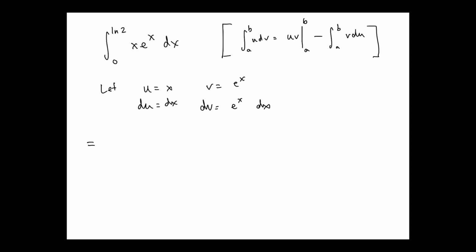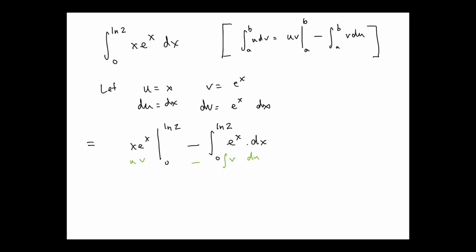So we'll have u and v from 0 to the natural log of 2, minus the integral from 0 to the natural log of 2 of v du. Okay, and let's make sure that I get everything in the correct spot. So I have uv minus the integral of v du. Okay, so I got everything in the right spot, hopefully.